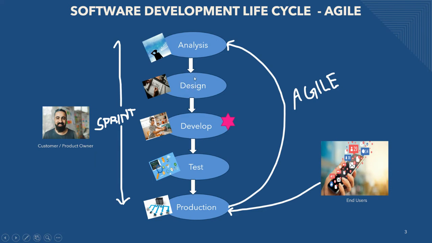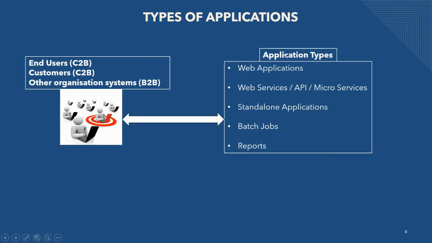As per the needs of the project requirements, developers will need to develop different types of applications. These are all the types of applications a developer will develop for the needs of end users, customers, or other organizations or systems. I have detailed slides on each application type, but for now, a web application is one of the application types.